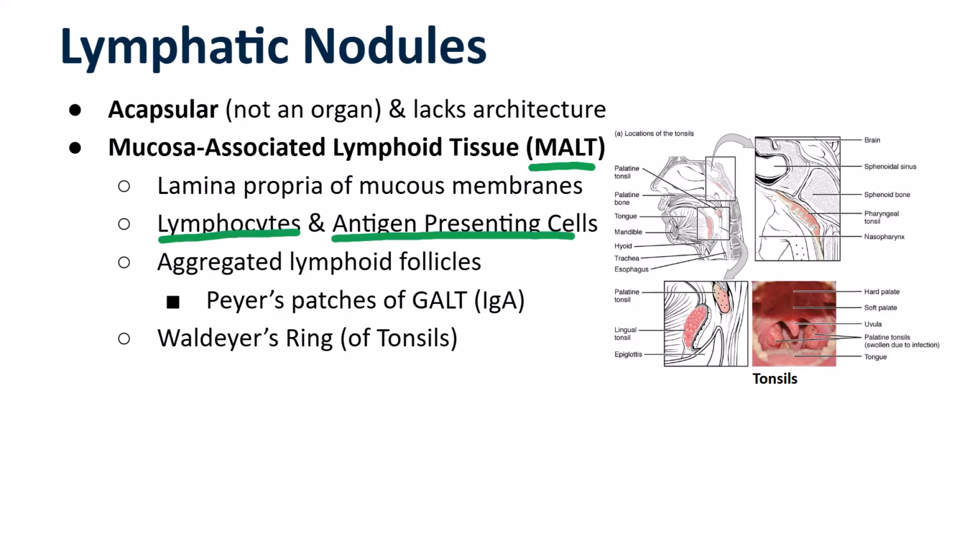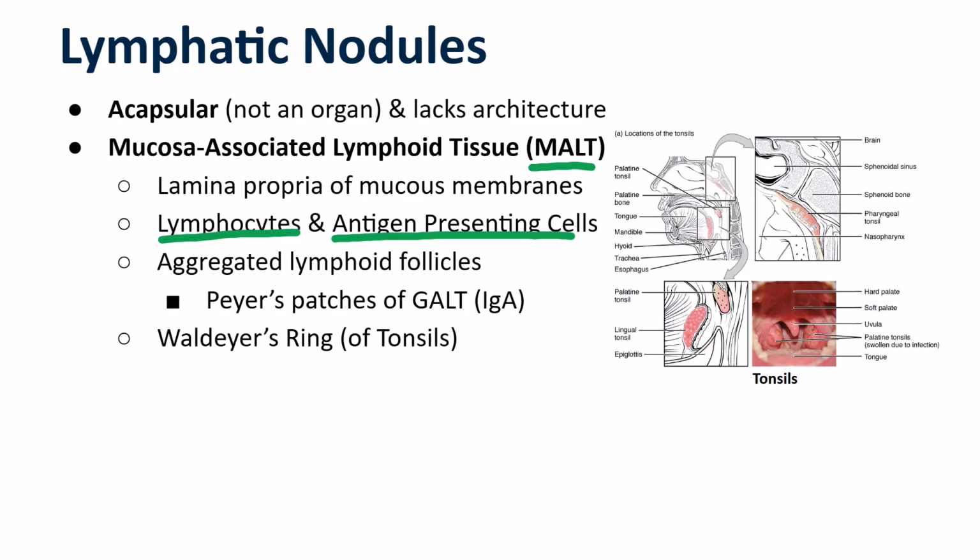The strategy here is that without a capsule and without any real architecture, we just have these clusters of lymphocytes and APCs hanging out, sampling whatever is being dragged against them. So in whichever region of the mucous membrane the pathogen moves through, we have the opportunity of bringing antigens of that pathogen into contact with both lymphocytes and APCs.